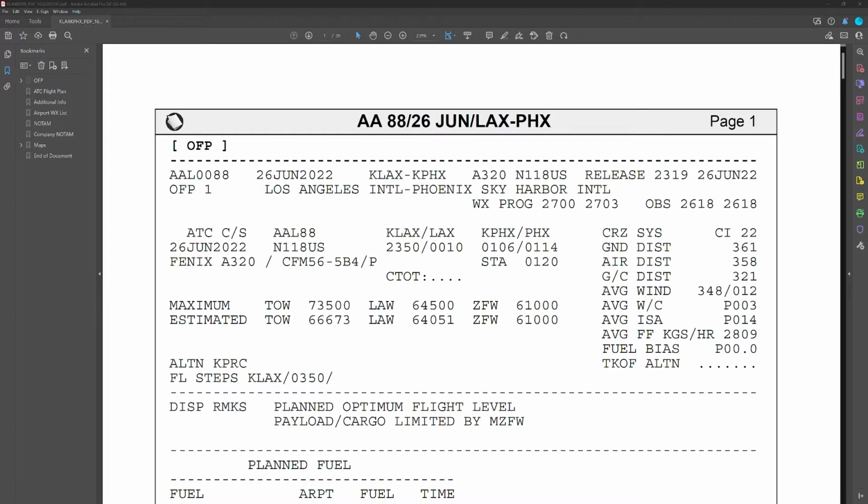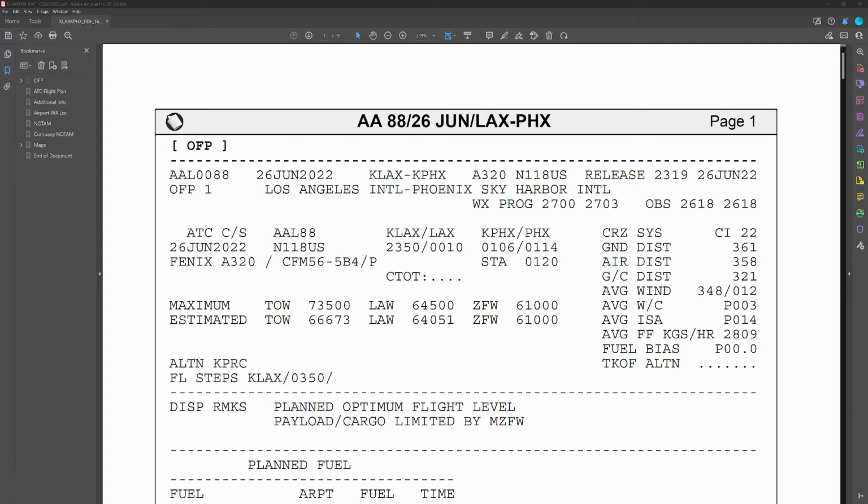Very important topics, subjects to know, especially if you are interested in fully immersing yourself in, I don't know, flight simulation and you're flying the big jets, 737, 747, A320, whatever it is.